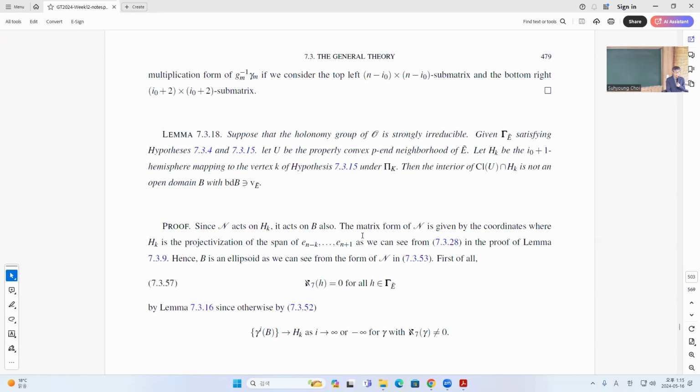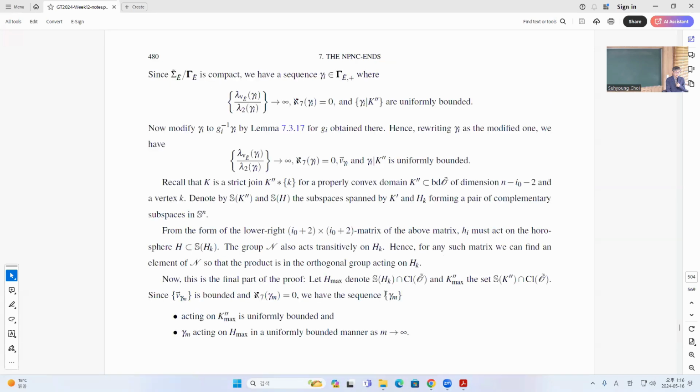That's because if you have some intersection at this vertex k, you can push this to be bounded and become infinite in here, and then everything is bounded except these ratios.